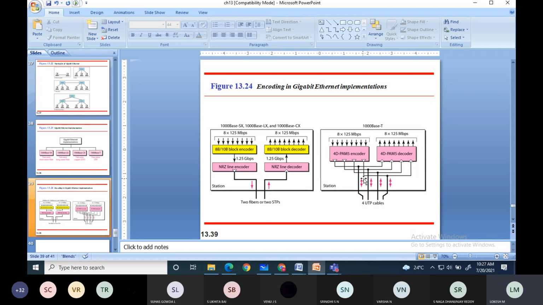This is how the encoding has been done in gigabit Ethernet for 1000BASE-T.